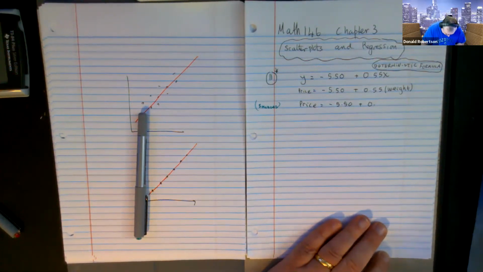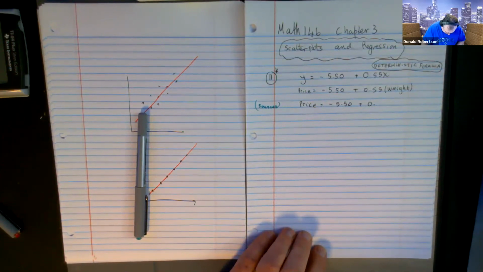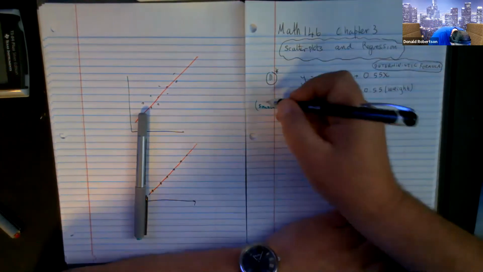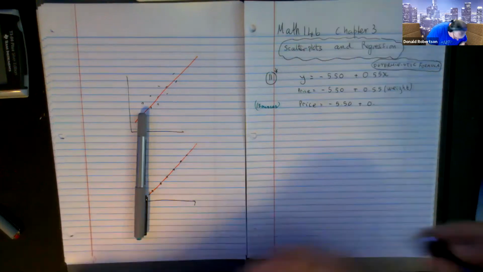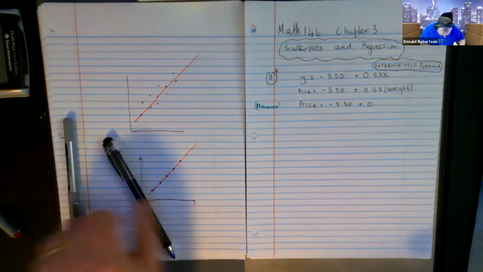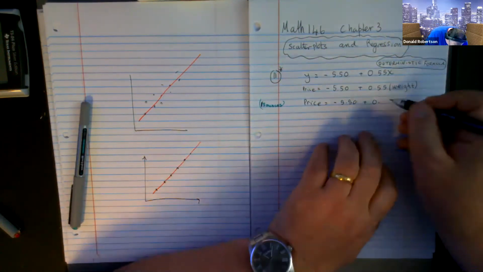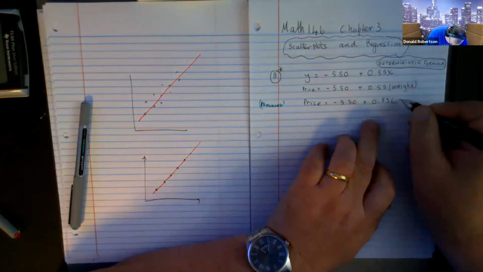I think that might be 5. No? Okay. I want to make the question realistic. 15 ounces. Then you get charged this guy times 15 ounces.